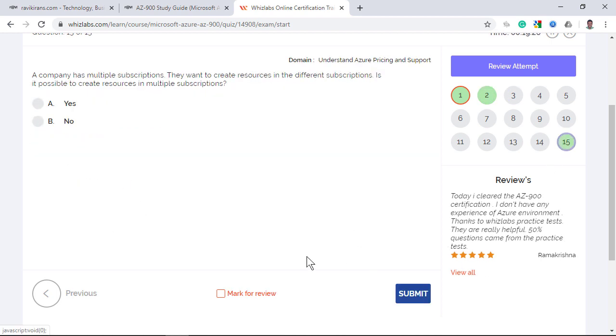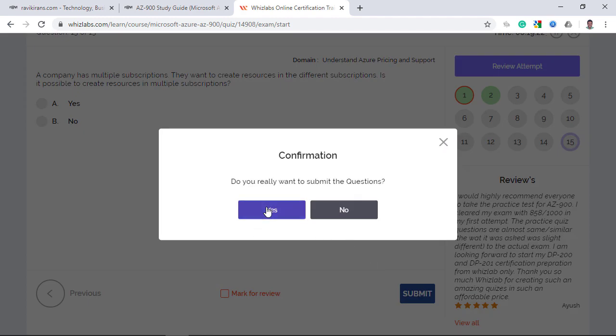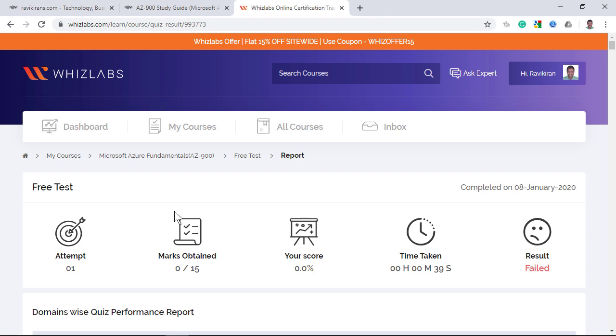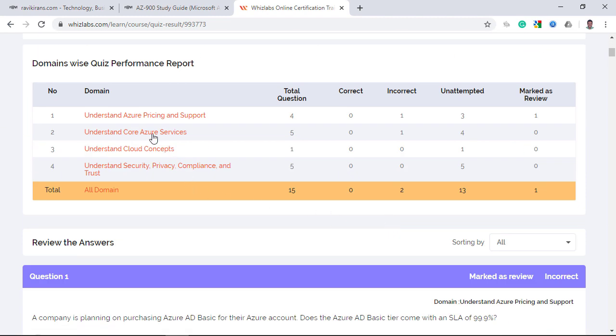Once you're done, go and submit the exam, and you get the statistics for your exam. So your scores and marks obtained, the number of attempts, and for each domain how many questions were available and how many you answered correctly. This way you can analyze your performance against each domain of the exam.